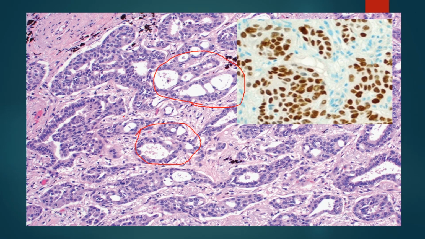The individual cells show high NC ratio, hyperchromasia, the typical features. But the first thing you notice on this slide is the glandular formation and then other features of cytological atypia.